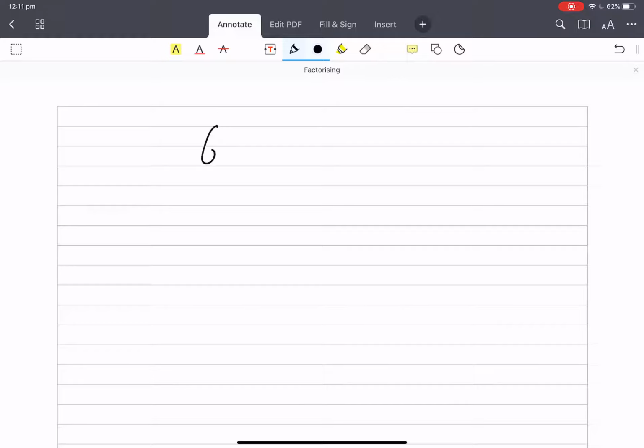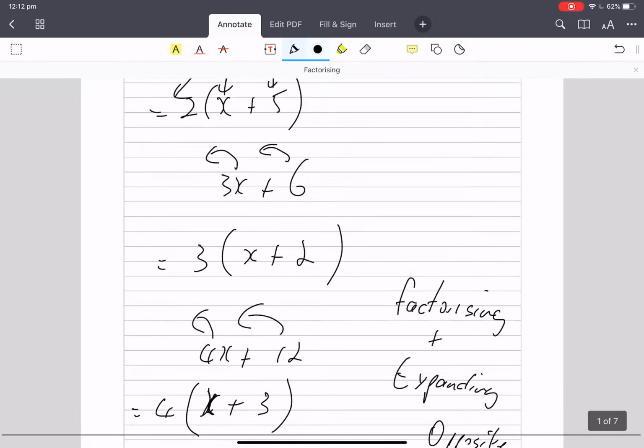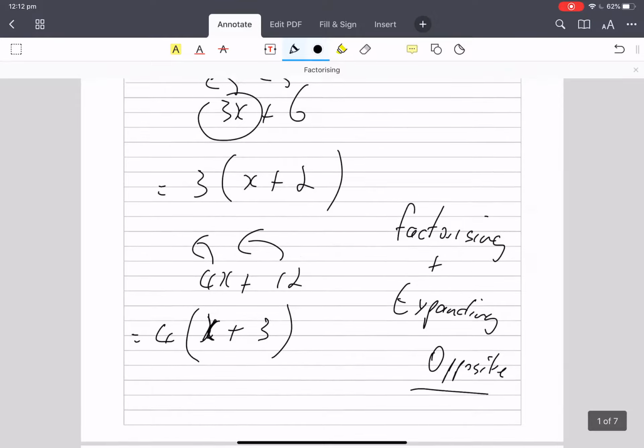Let's go 6x plus 9. What's common between the 6x and the 9? Really, I'm just looking at the 6 and the 9. Well, it's not 6, is it? Everything else, the whole number has come out. That whole 3 has come out.